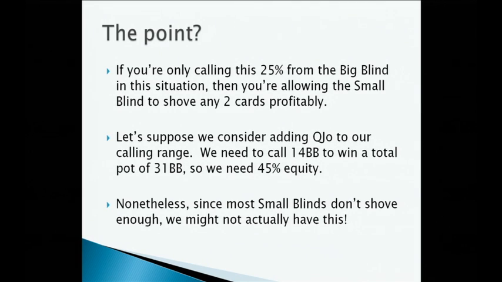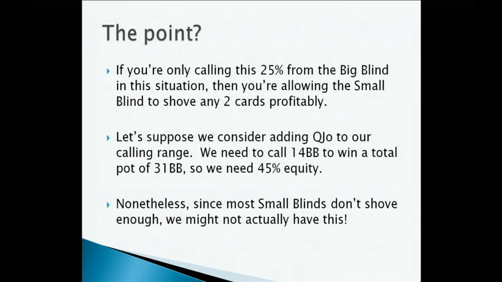Shove means all in. Shove any 2 cards profitably. And in reality, it might be even lower if people were being truthful when they put up their hand for what they're calling with, right? Basically my point is I think people are too afraid to go all in pre-flop. Going all in pre-flop is fine, basically.